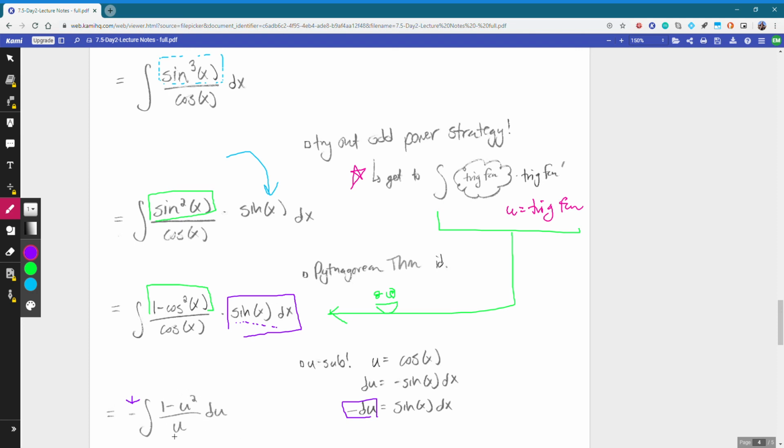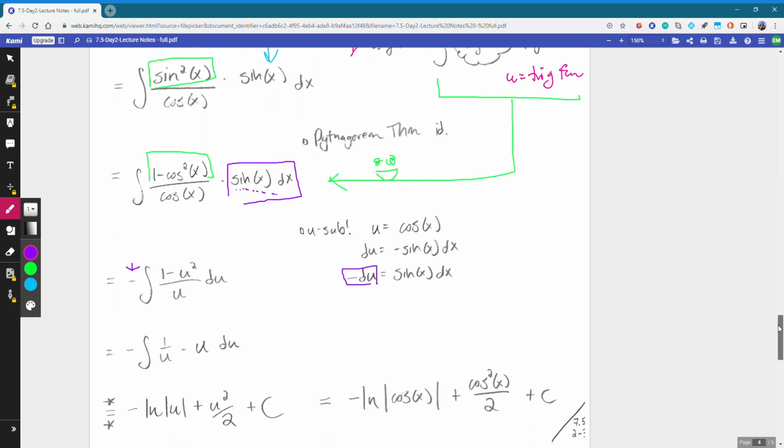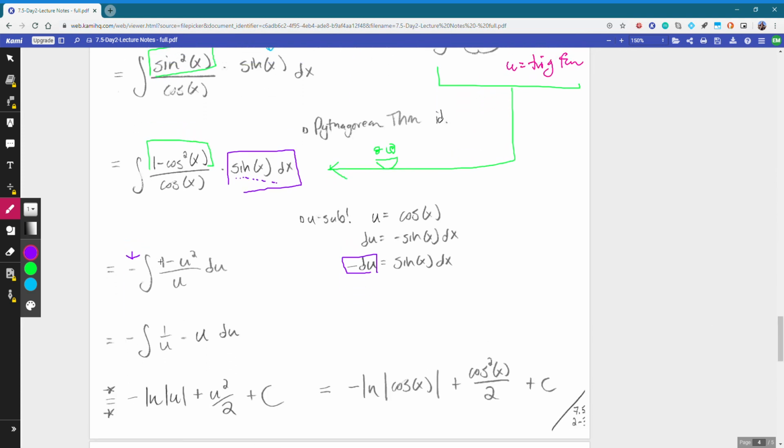I think this is a good candidate for algebraically messing with this function, just breaking this up as two fractions and letting things simplify. So if we work through that, things actually go pretty well. 1 over u on the left and u squared over u, so u on the right.